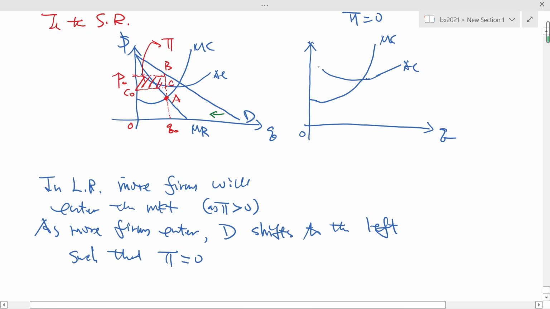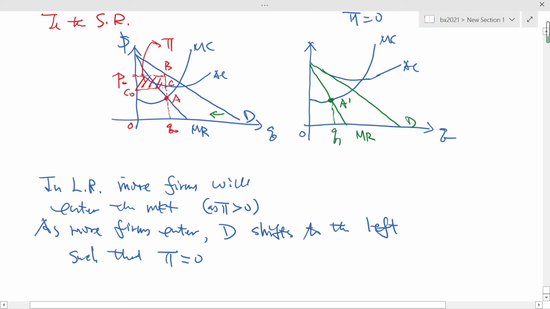So it must shift such that this way, the new MR curve intersects. So let me call this A prime. So this is Q1. So that's firm still follows MR equal to MC. So produce at the intersection point of MC and MR curve, which means this point. That corresponds to Q1.